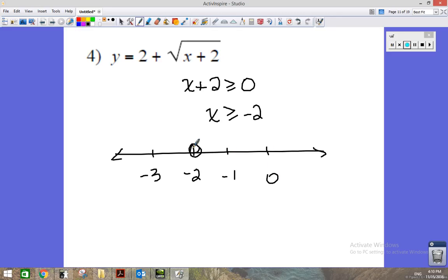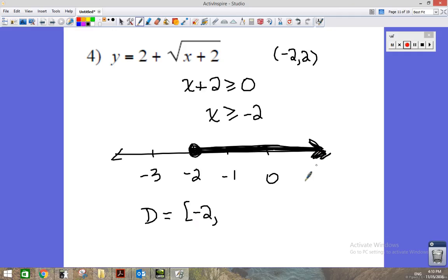But all of these values that are larger than negative 2, including negative 2, those are fine. I'll get a related y value. If I plug in negative 2, if x is negative 2, then y is positive 2, because negative 2 plus 2 gives me 0. The square root of 0 is 0. 2 plus 0 is 2. So my domain, negative 2, and the arrow shaded out to positive infinity.